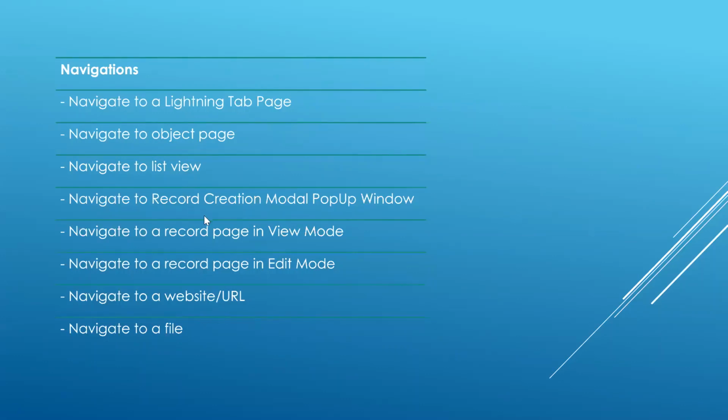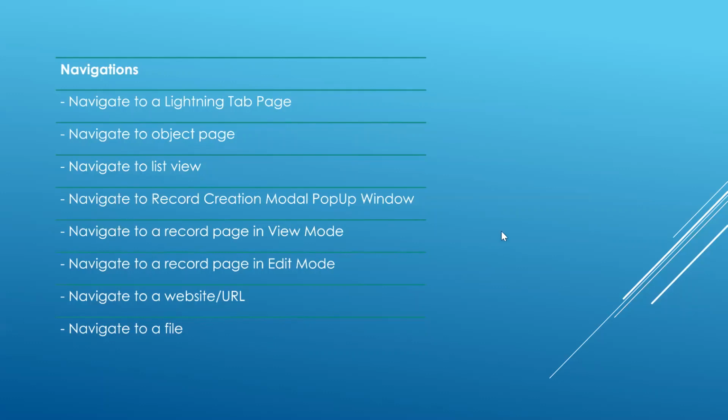And then, if you want to open a pop-up on click of a button that shows a record creation page for any object, we'll see how that can be done. Along with that, we'll also see how you can navigate to a record page in view mode, or open that page in edit mode. And then at last, we'll see how to navigate to a website, or a specific URL. And then we'll see how you can navigate to a file document.